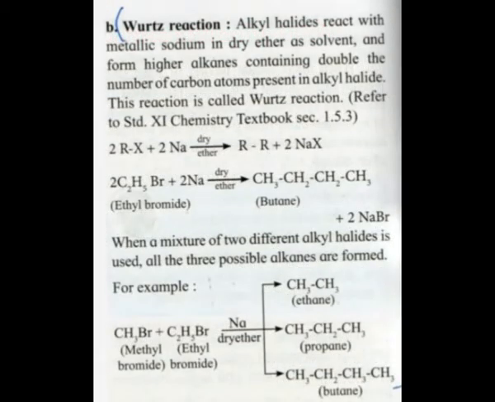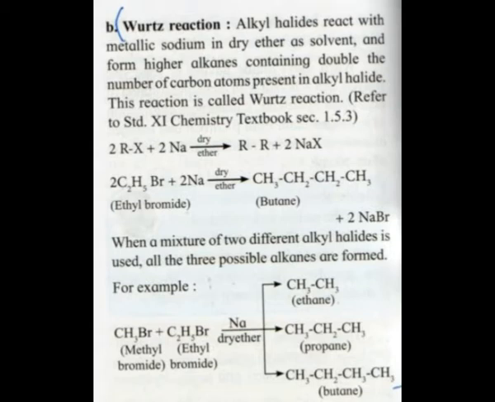The very next and again important reaction of alkyl halides is the Wurtz reaction. We have done this in detail in 11th, and I think I have also mentioned it in my earlier lecture of halogen derivatives. Alkyl halides react with metallic sodium in dry ether as solvent and form higher alkanes containing double the number of carbon atoms present in the alkyl halide.